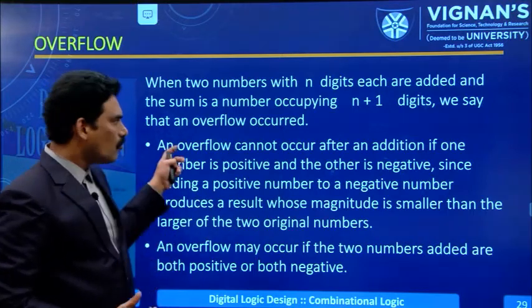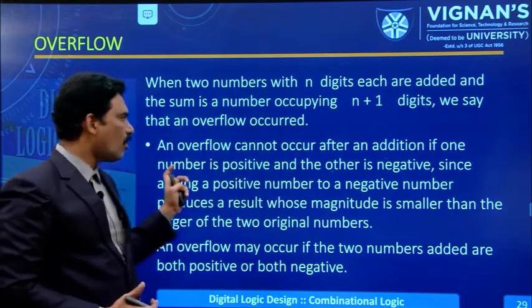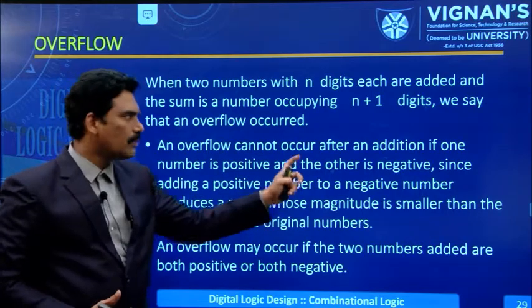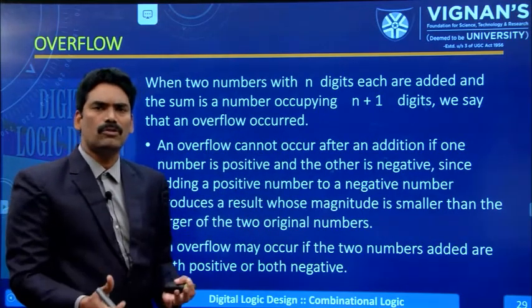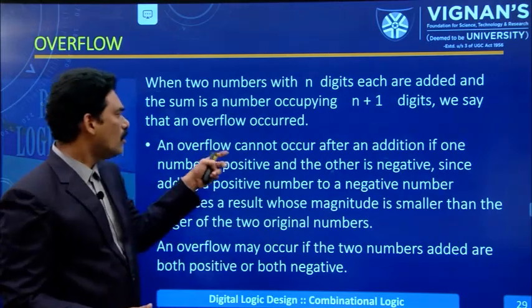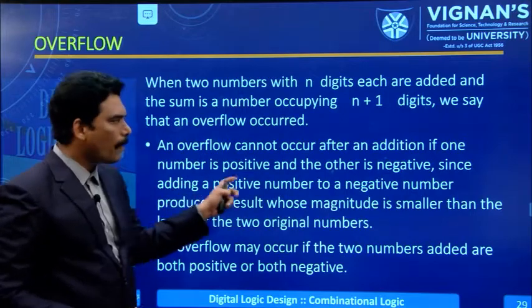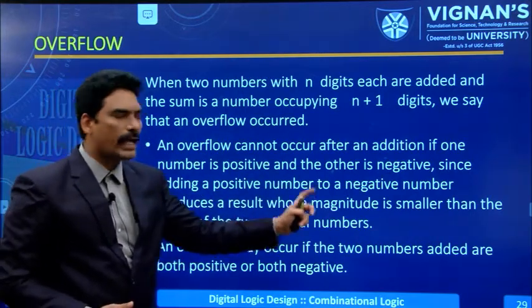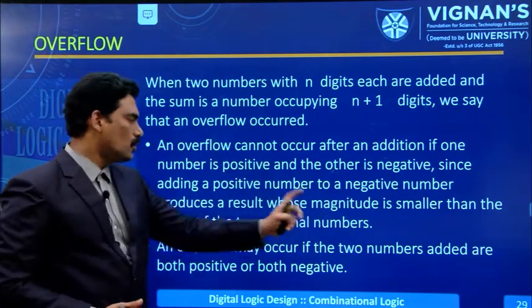See here, an overflow cannot occur after an addition if one number is positive and the other number is negative. If we add one positive number and one negative number, overflow cannot occur, since adding a positive number to a negative number produces a result whose magnitude is smaller than the larger of the two original numbers.